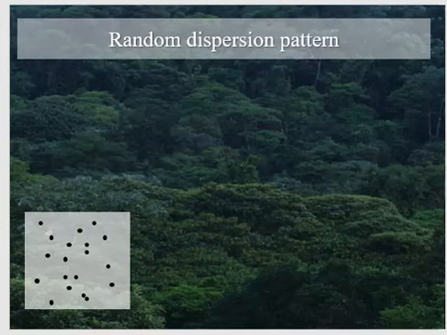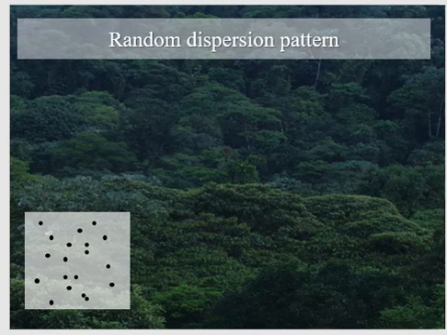So starting with your random dispersion patterns. This is what you can think of as taking a handful of bird seeds and just randomly throwing it to a flock of pigeons. Each one of those seeds will land randomly across the ground, and they fall in no predictable pattern.